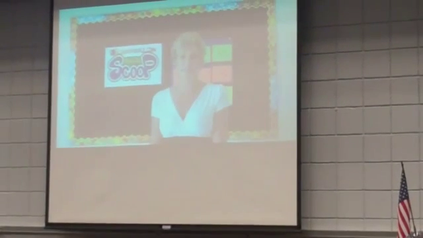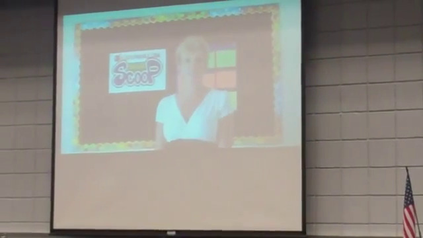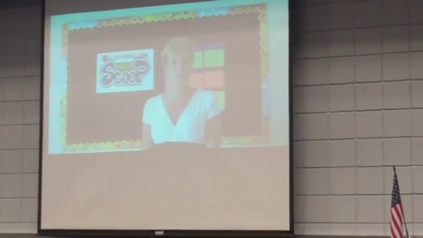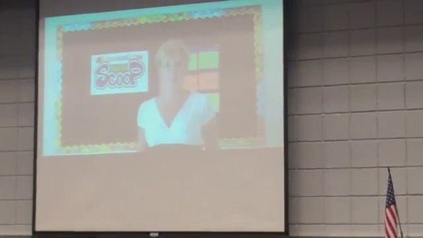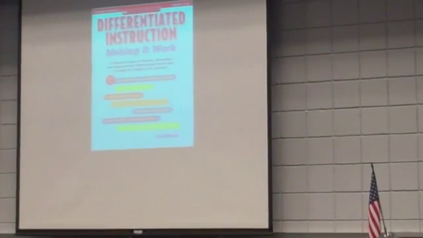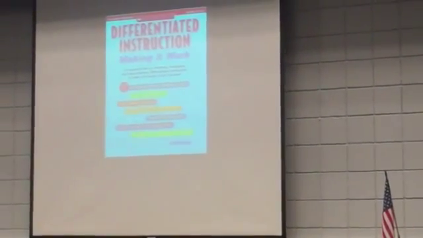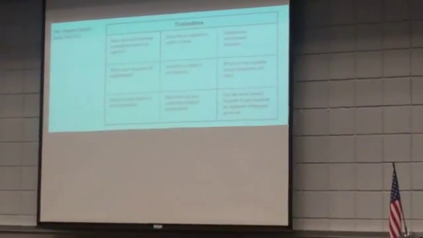Create a tic-tac-toe grid and add learning tasks of various learning levels and styles. Some teachers even choose to create several boards for the same lesson. Here's an example of one that is taken from the differentiated instruction Making It Work book for grades 3 through 6. This is a simple board created for a social studies lesson on exploration.